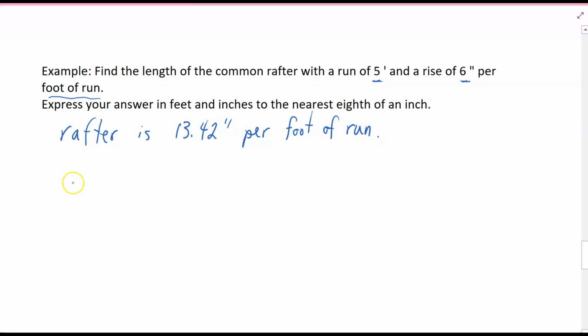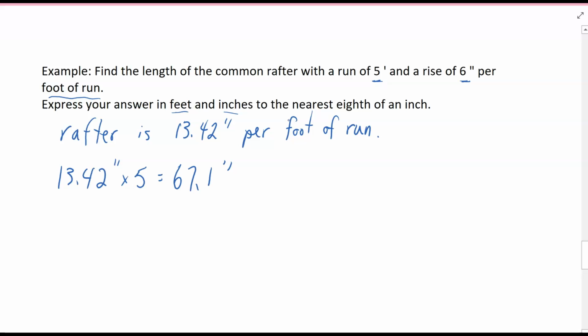We have a 5-foot run, so 13.42 inches times 5 is equal to 67.1 inches. That's the length of the common rafter in inches, but we need to change this to feet and inches.